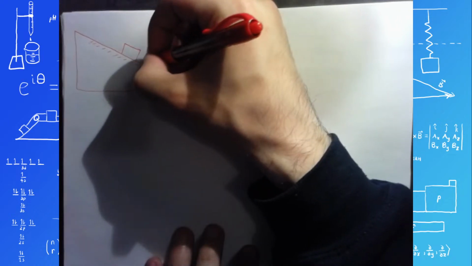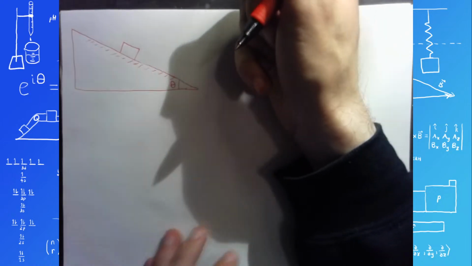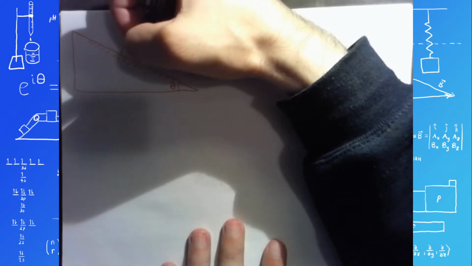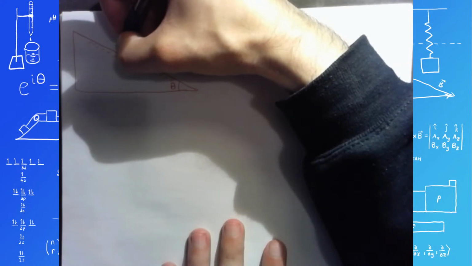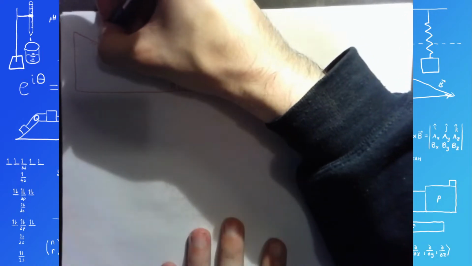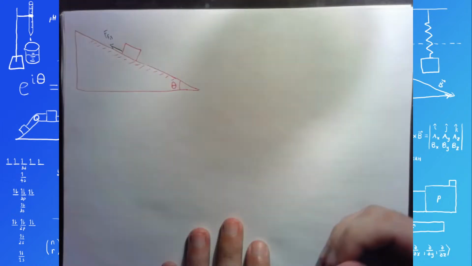What kind of friction was it if the object wasn't sliding? Of course, that would have to be static friction. And the diagram showed friction up the incline, which makes sense because in the absence of friction, you would expect this to just slide down. So you have force of friction, static, up the incline.